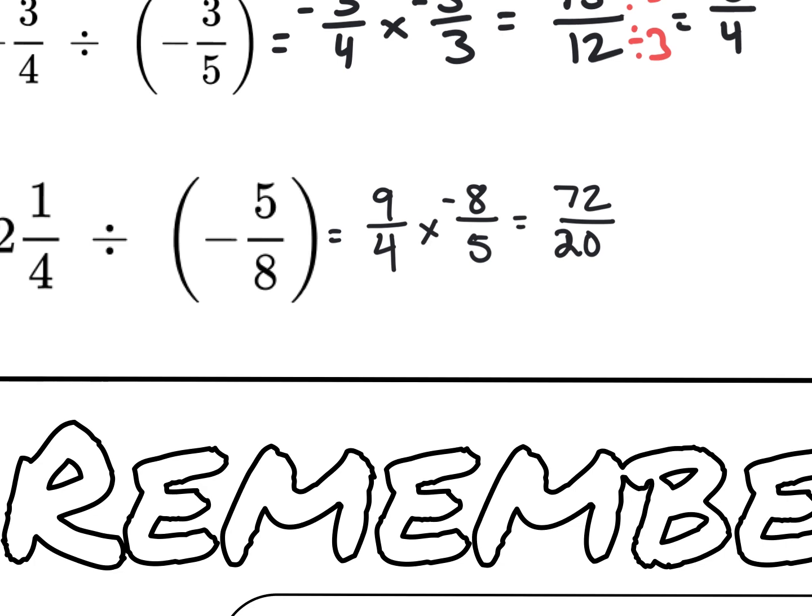These can both be divided by 4. 72 divided by 4 is 18. 20 divided by 4 is 5. That can't be simplified anymore. I have a positive times a negative, so my answer is going to be -18/5.